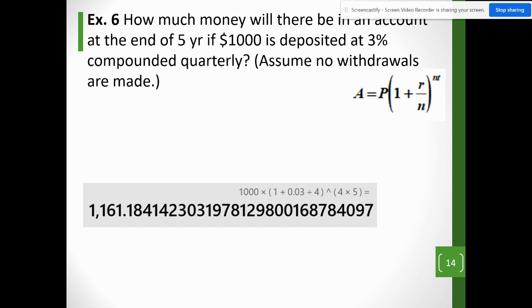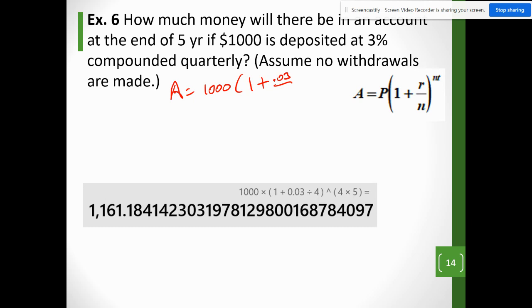So how much money will there be in an account at the end of 5 years if 1,000 is deposited at 3% compounded quarterly? Assume no withdrawals are made. So my amount at the end, I start with 1,000. So 1,000, 1 plus, my rate is 3%, so I'm literally going to go 0.03.